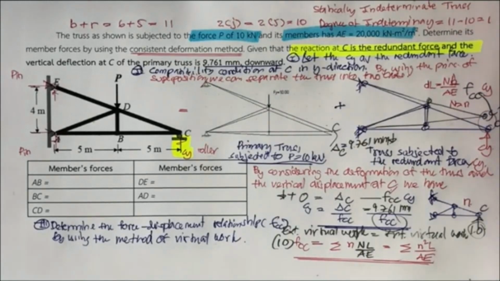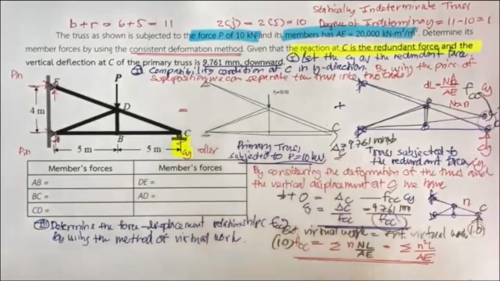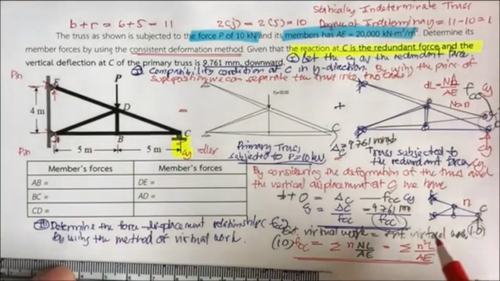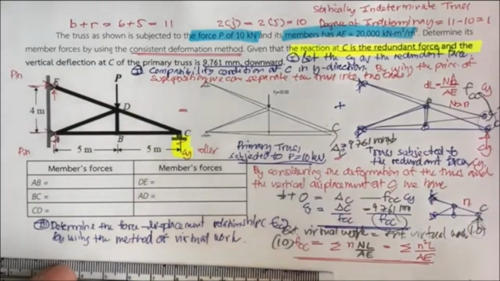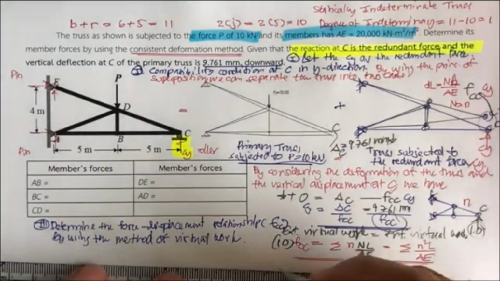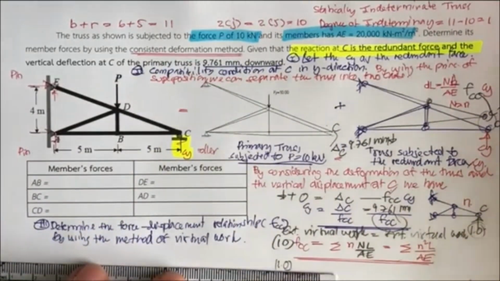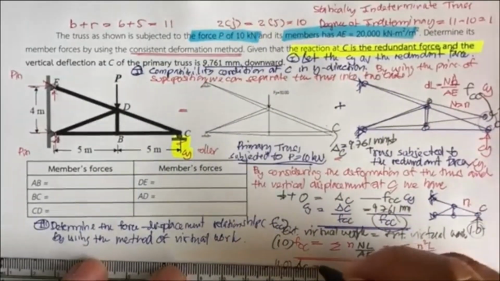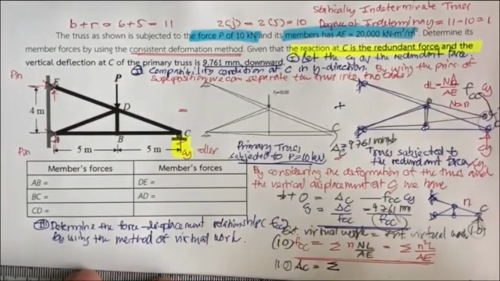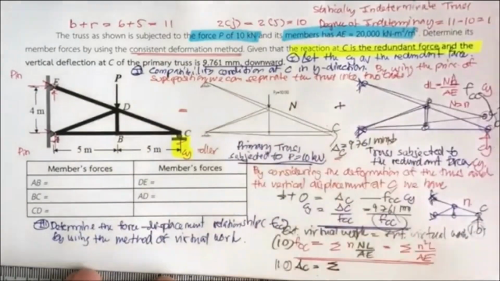Okay. And also, if you like to determine delta sub c, you do the same thing. This is 1.0, apply this. You're going to have 1.0 times delta sub c, which is going to be equal to summation. This is going to be n.